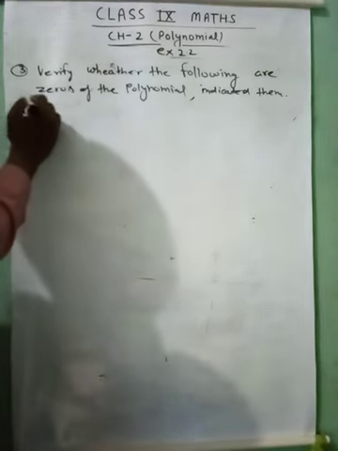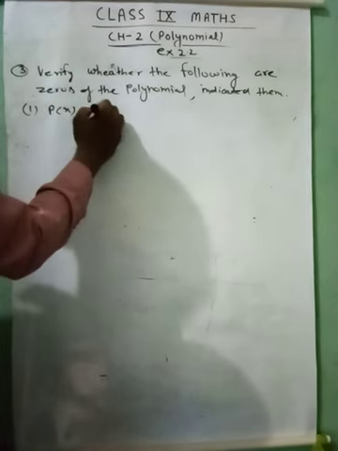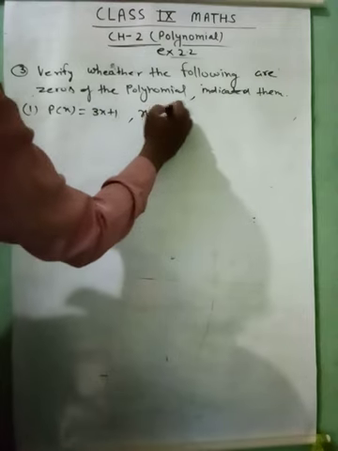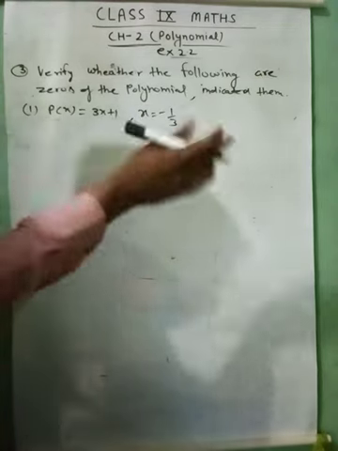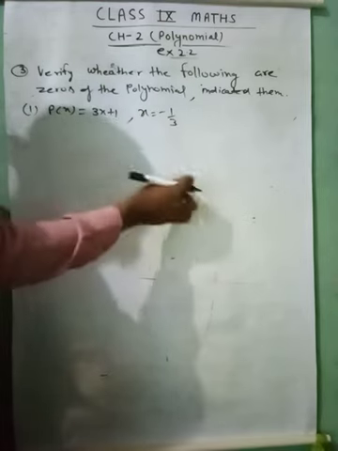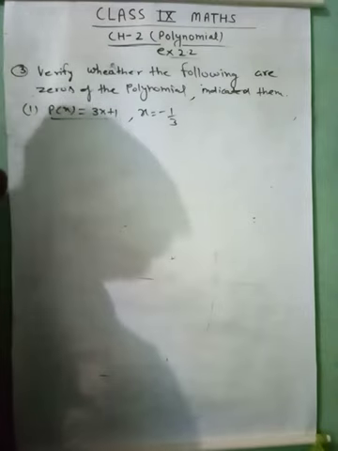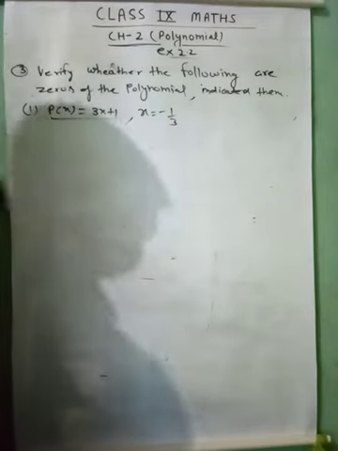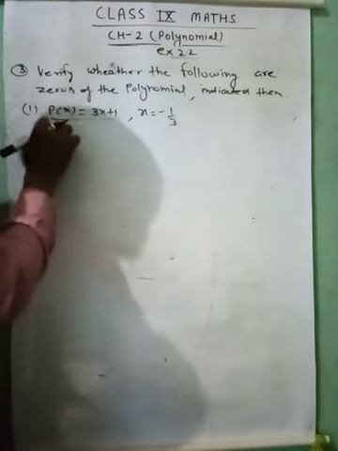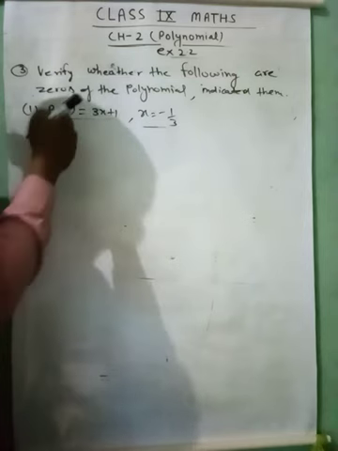First question, p x is equal to 3x plus 1 and it's given that x is equal to minus 1 by 3. You have to verify this value. It means x is equal to minus 1 by 3 is the zero of this equation. You have to verify. So we put at the place of x in both sides, left side and right side, x is equal to minus 1 by 3.